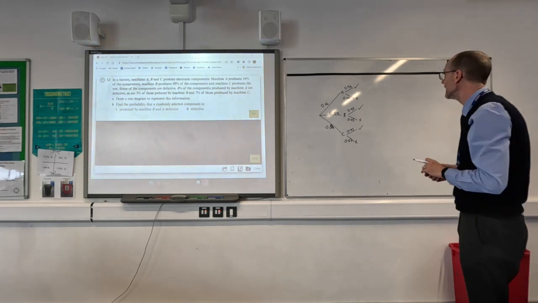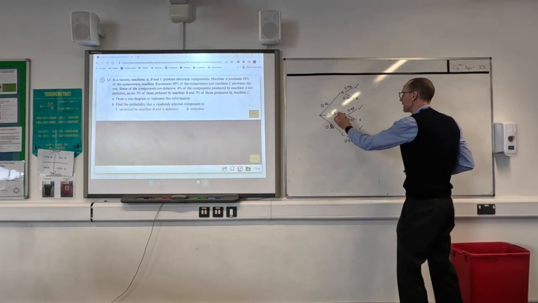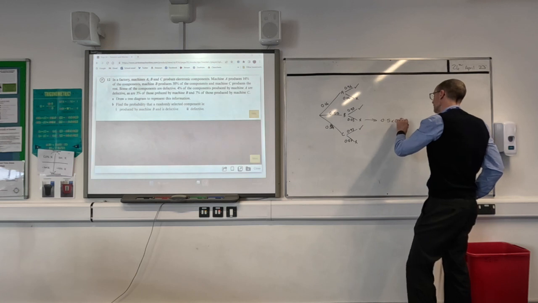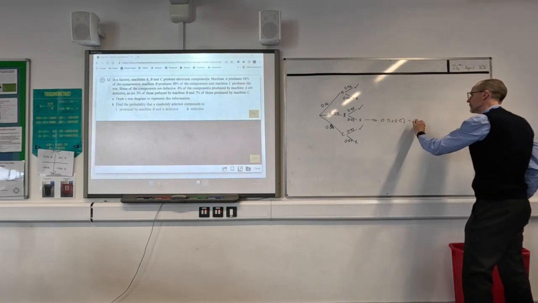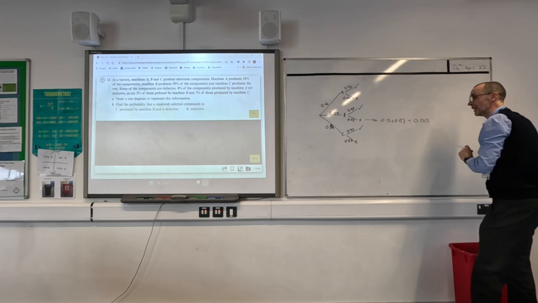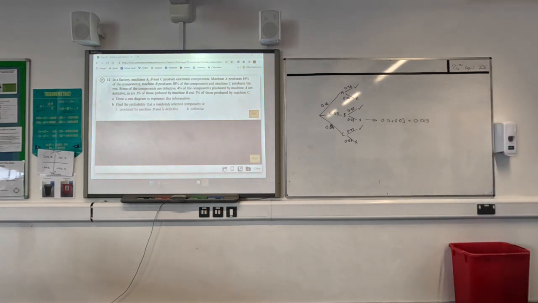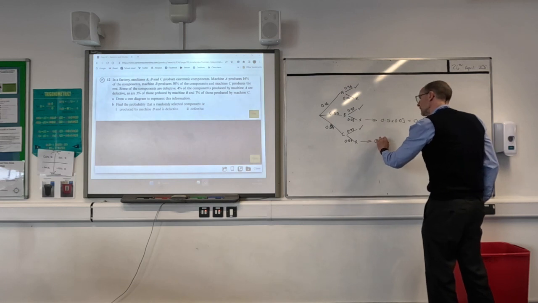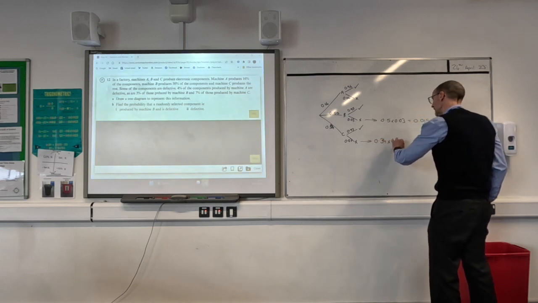Produced by machine B and defective, so that's this branch here, so that's 0.5 times 0.03, which is 0.015. And defective, well, that's the three defective branches added together.